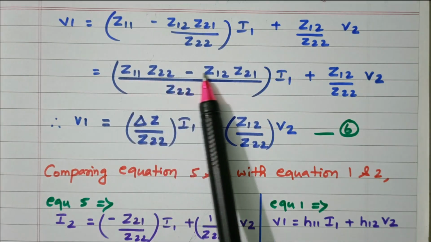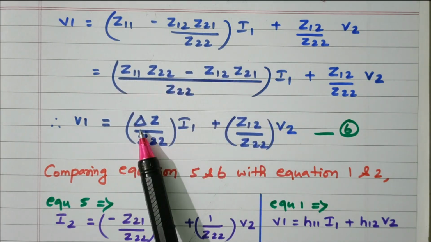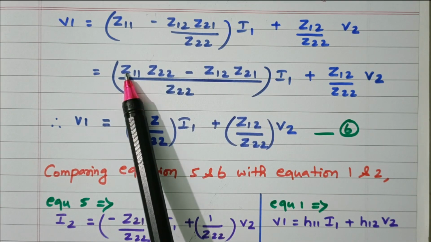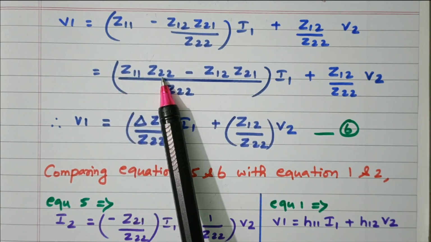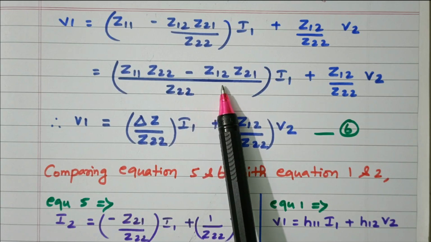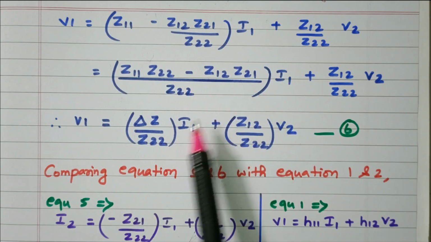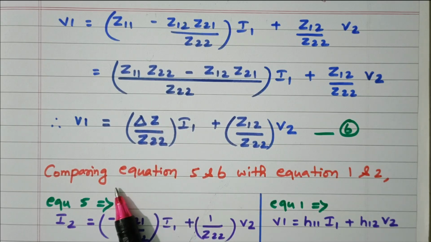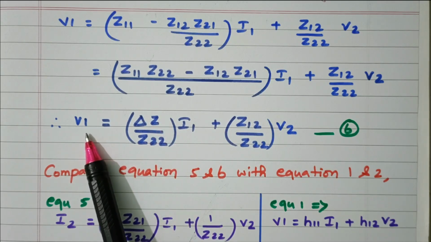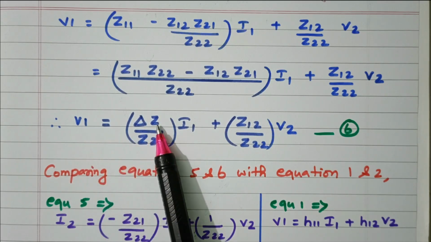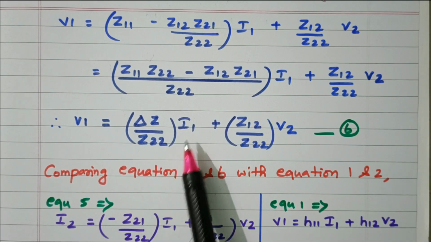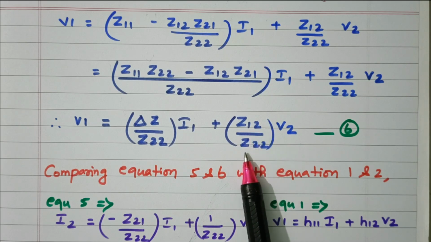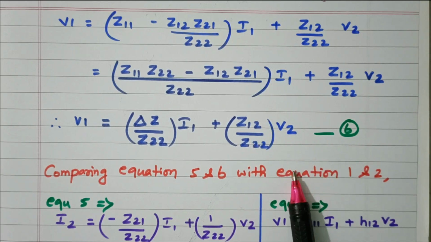This is nothing but the determinant of the Z matrix, Z11 into Z22 minus Z12 Z21, written as del Z. So finally we got V1 equal to del Z divided by Z22 into I1 plus Z12 divided by Z22 into V2. We'll take this as equation number 6.